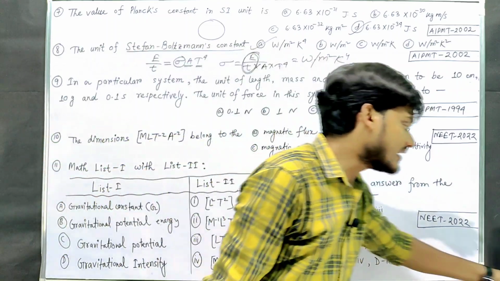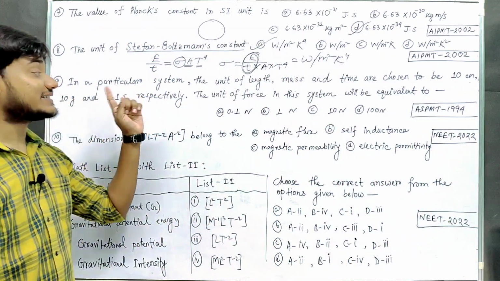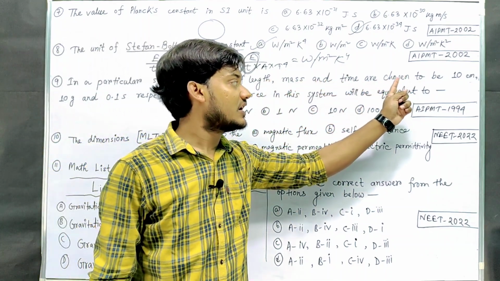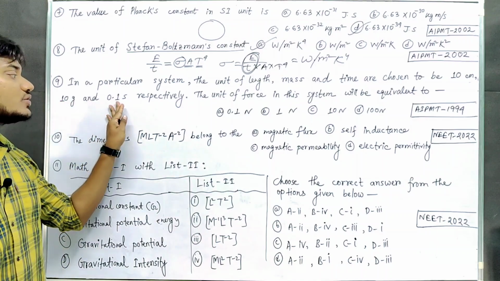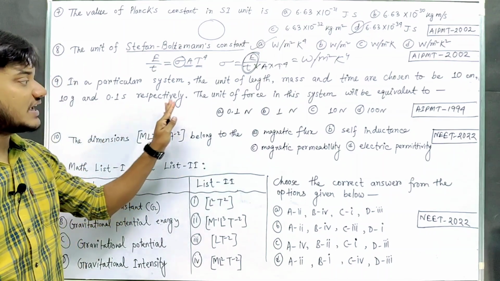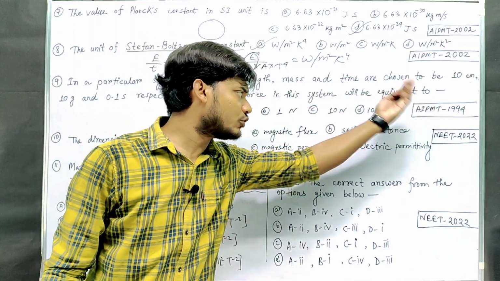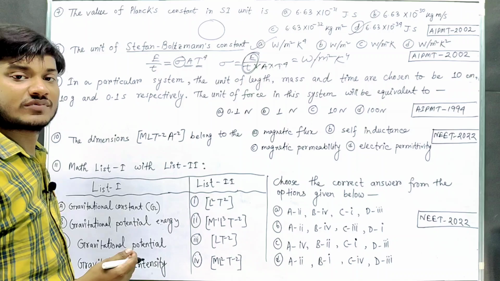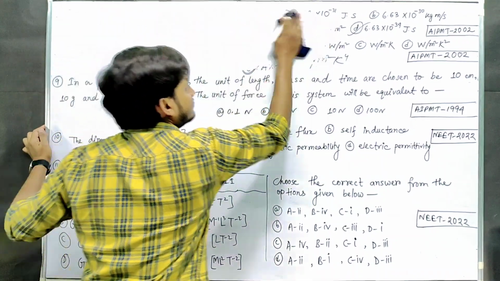Okay, next question. In a particular system, the units of length, mass and time are chosen to be 10 cm, 10 gram and 0.1 second respectively. The unit of force in this system will be equivalent to, options are given. So let's try it.